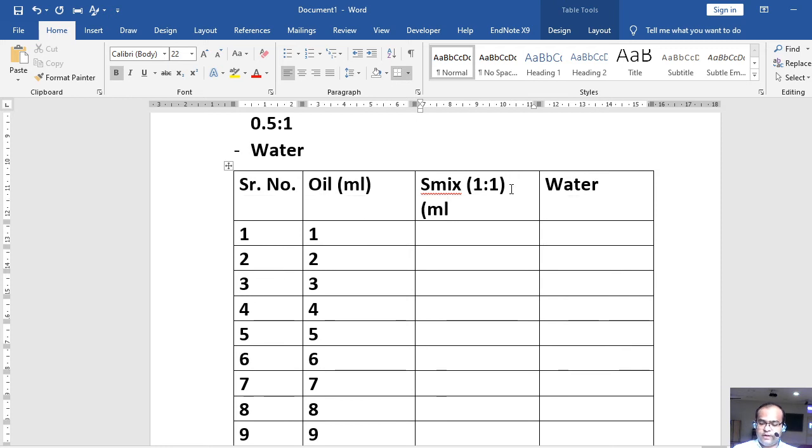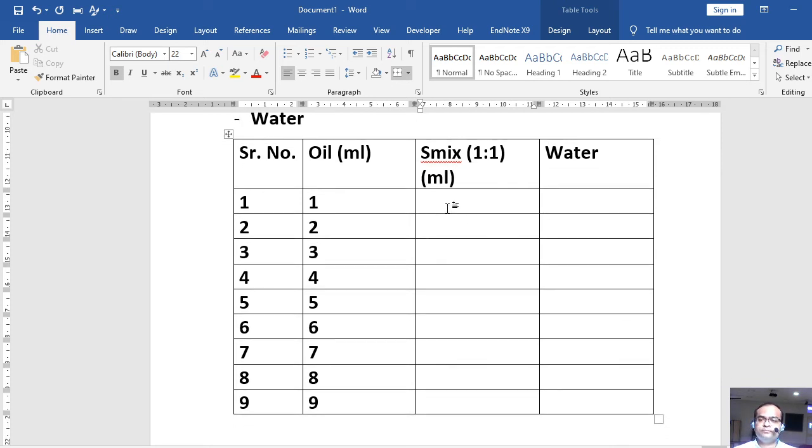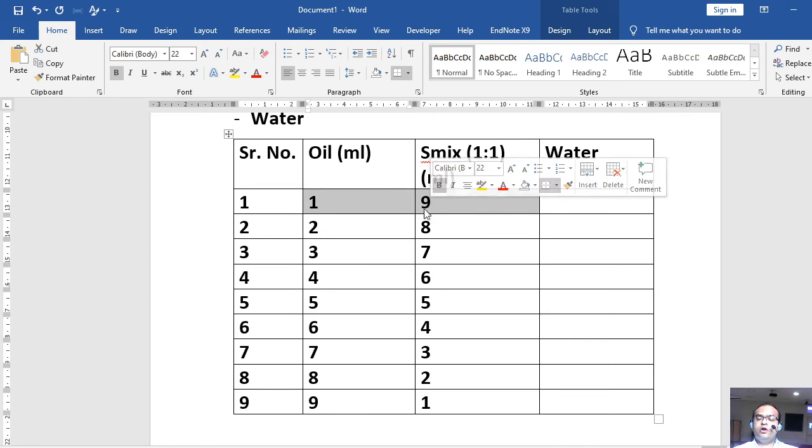Mostly we find this material in liquid phase, but for the S mix I will do exactly the opposite: 9, 8, 7, 6, 5, 4, 3, 2, 1.